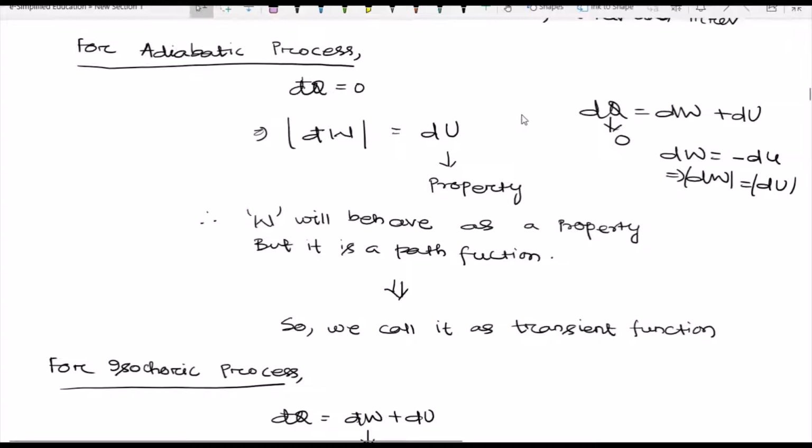That means the work transfer will be equal to the internal energy change. But I have already told you this internal energy change is a property. So work will behave as a property, though it is a path function, we know that. Sometimes it behaves as a property, that's why we call it a transient function.